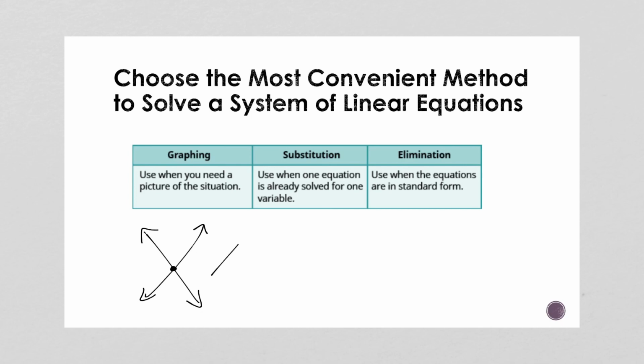If you had parallel lines, those are terrible parallel lines, but nonetheless, if you have parallel lines, there are no solutions. And then if you have 2 lines that sit on top of each other, you have many solutions or infinite solutions, okay?